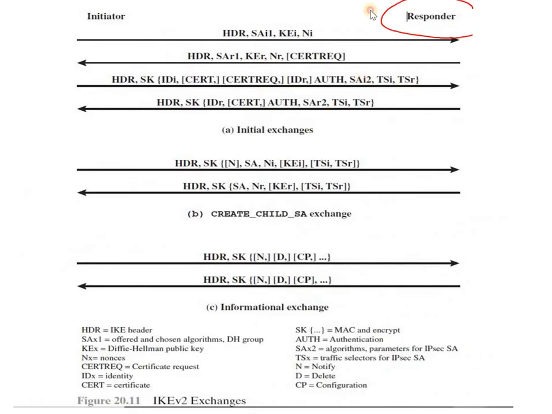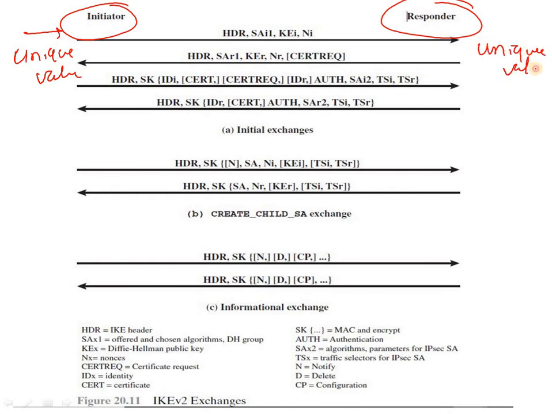Each will use his own unique value for the security association. So what is the total size here? 64 bits. Here also it is 64 bits.